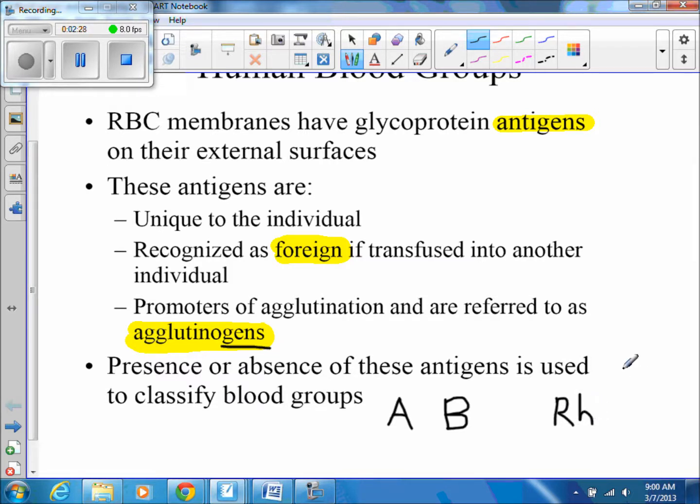If you don't have RH, you're negative. Now this term agglutination just refers to clotting. So depending on the antigens you have on your red blood cells, it could be used for a clotting reaction. And we'll talk more about that in a moment.